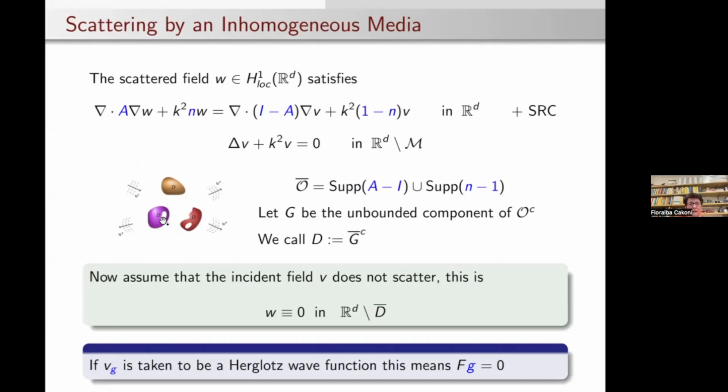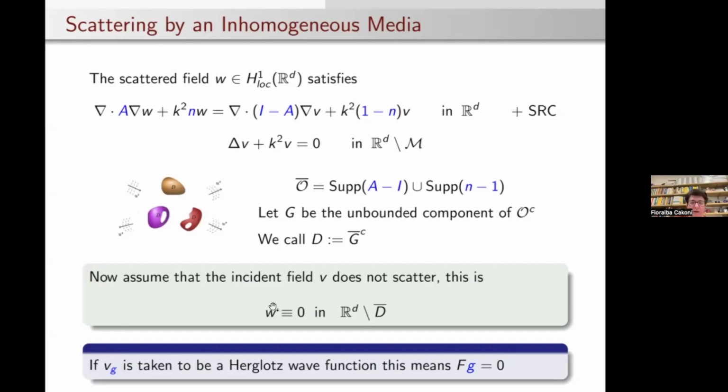The media may have voids, for example. So in my case, D is going to be the unbounded component of the complement of the support of the perturbation. Now I have laid out mathematically everything to give me the answer to the question.